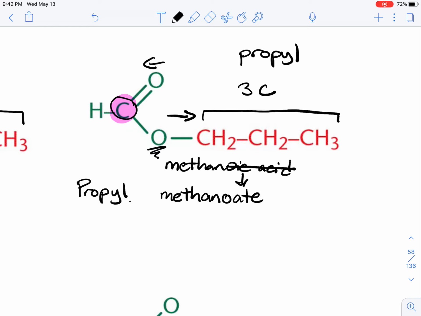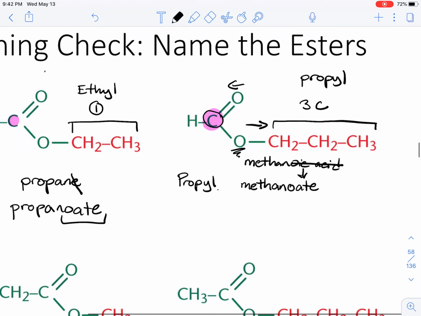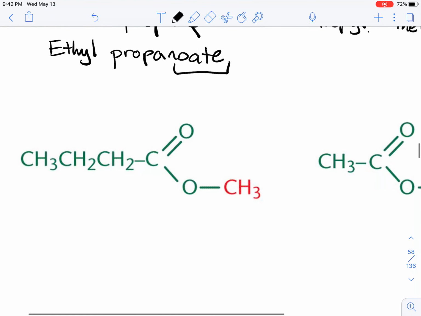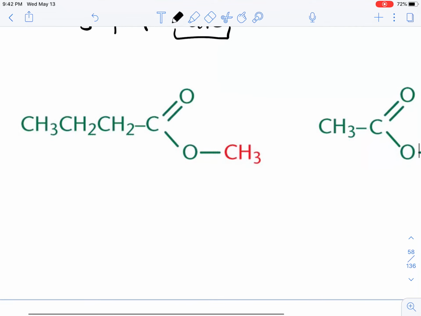Just make sure to drop the E. If you want to express the parent chain as an acid, so methanoic acid, just drop the oic acid and then replace that with oate. And that's going to give you the same answer. All right, so let's go ahead and move on to the next organic compound.